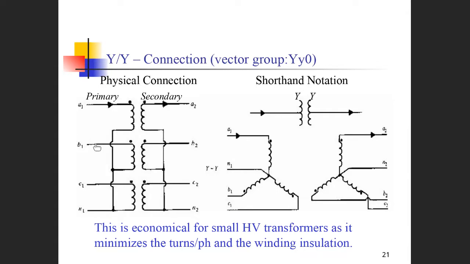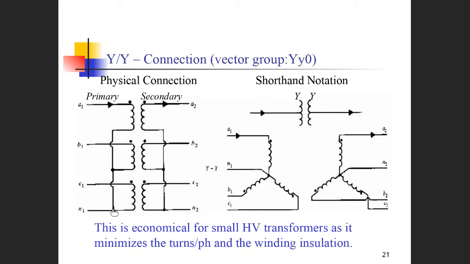The starting point of phase 2 is B1, and the ending point of phase 2 is B0. And the starting point of phase 3 is C1, and the ending point of phase 3 is C0, all connected to one point, the neutral point N1.